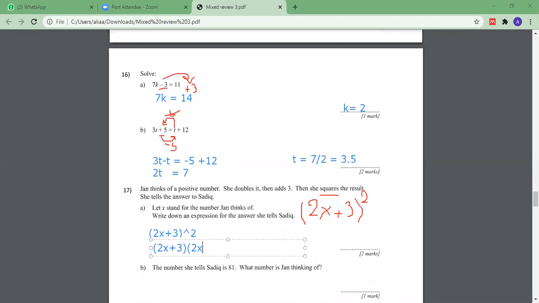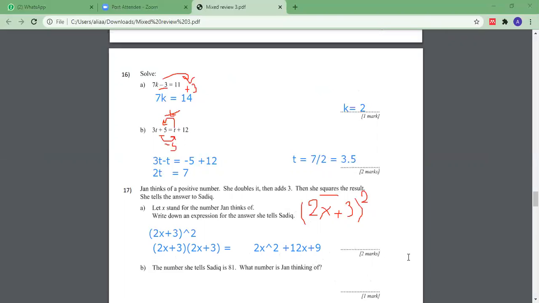So the final answer will be 4x power 2 plus 12x plus 9. Okay, this is the final answer.